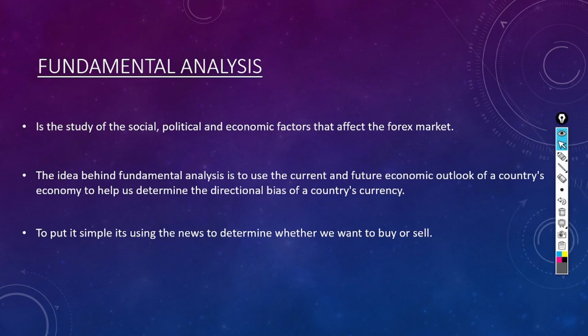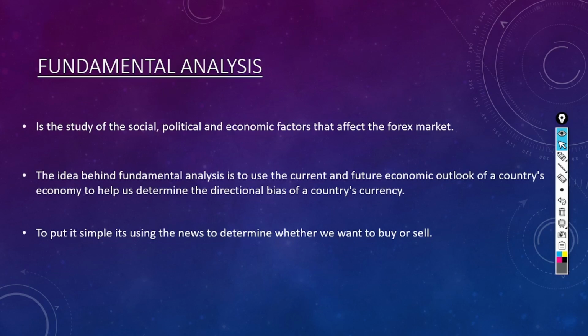To put it simple, it's using the news to determine whether we want to buy or sell. For example, if unemployment rate is low, then it's more than likely that the currency of a country will go up, because you have more people employed, so the strength of the currency increases.